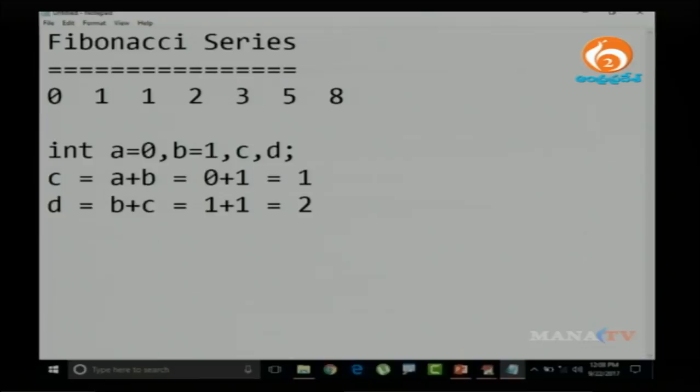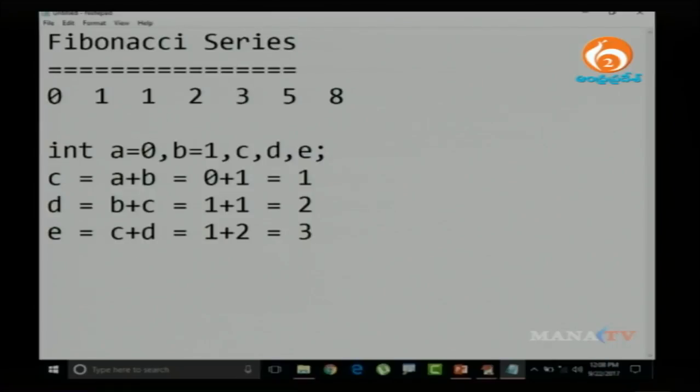I want to generate one more Fibonacci number, so let me take the variable e and say e equals c plus d, which is 1 plus 2. So the next value is 3.